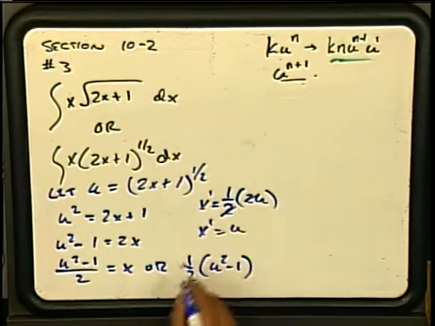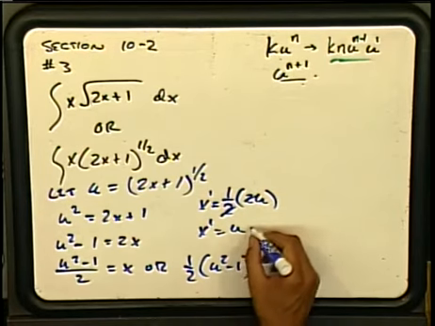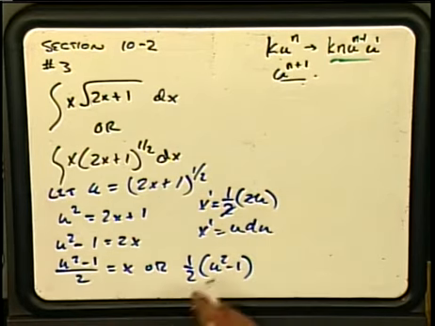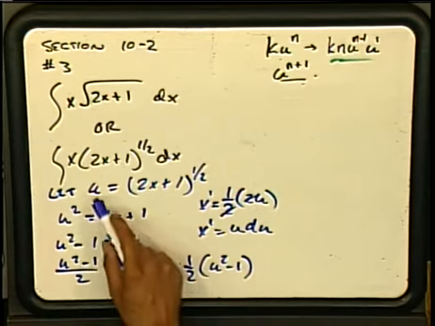X prime equals u, so dx equals u du. Okay. Now that we have all our variables, we will substitute back in.